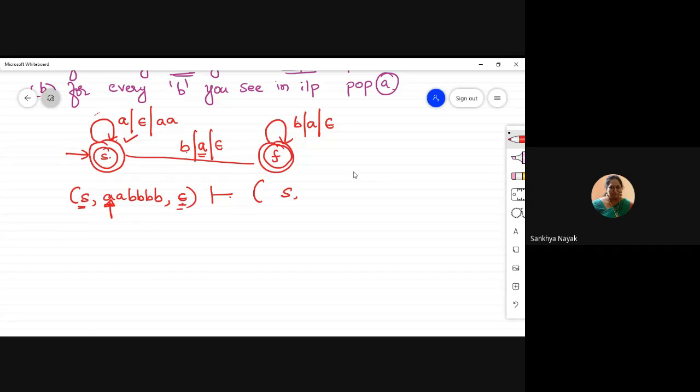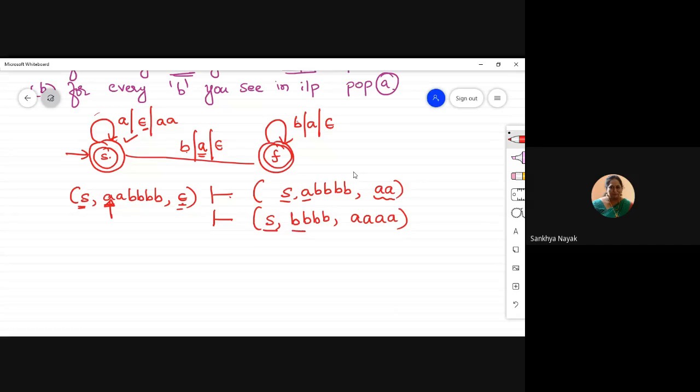So S, one input is taken. Now in stack, I am going to push 2 A's. It doesn't matter what is there in the stack.